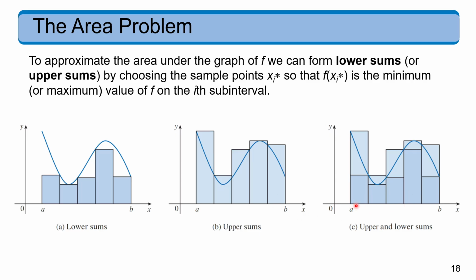On the first subinterval, the lower sum used the right endpoint to create this rectangle. The upper sum, we used the left endpoint to get the tallest possible rectangle. And then similar here, this is the smallest rectangle we can get, the shortest one. And in light blue, that's the tallest rectangle we can get for that subinterval.